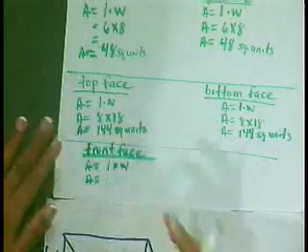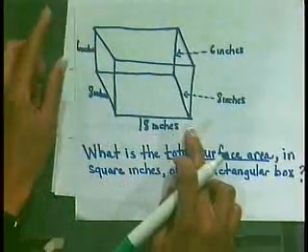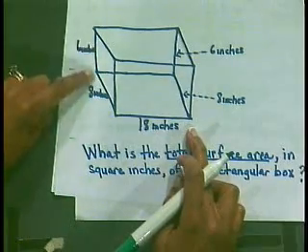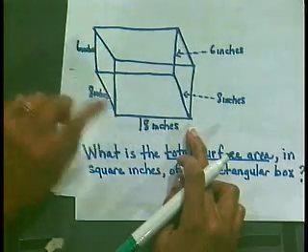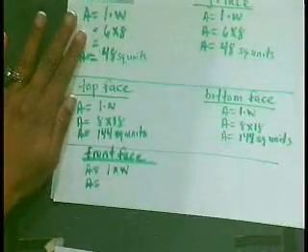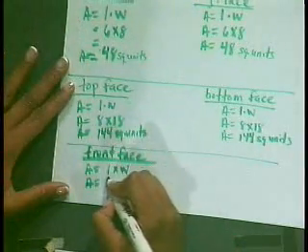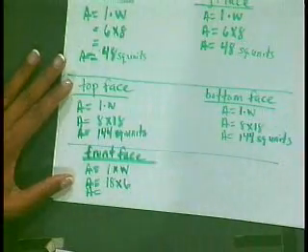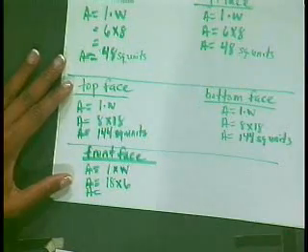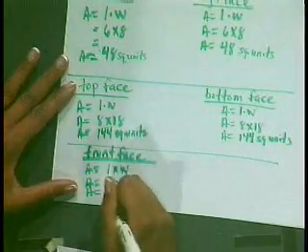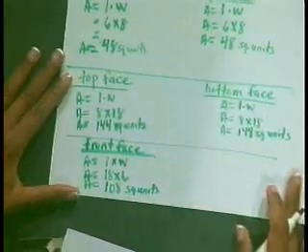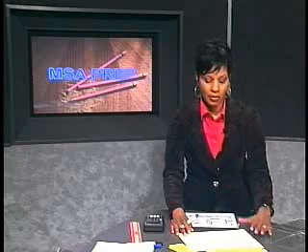We will multiply the 18 times the 6, because we get our 6 right here, and these two line segments or edges are congruent. So 18 times 6 will compose the area of the front face. 18 times 6 will give us 108 square units. And it's going to be the same for the back face of the rectangular prism.